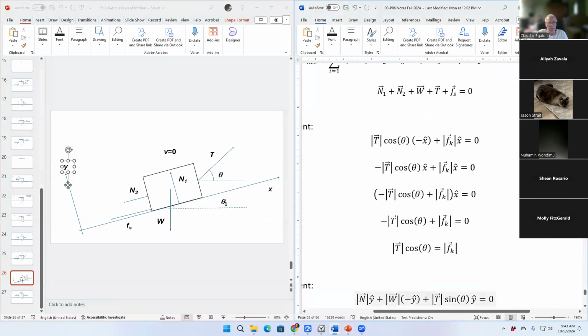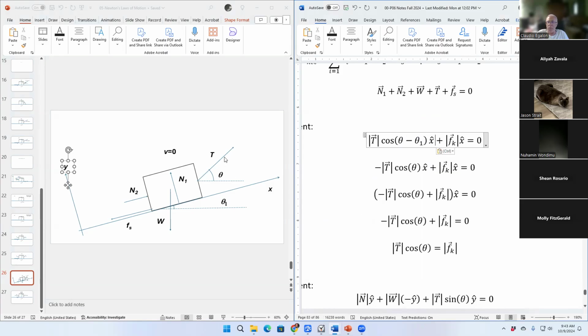The x component of the tension is going to be cosine of theta minus theta 1, in the positive x direction according to my axis.